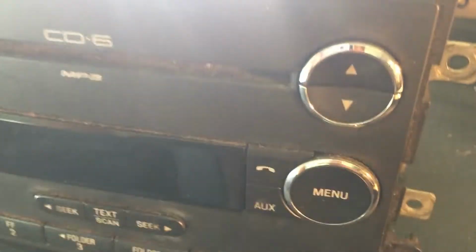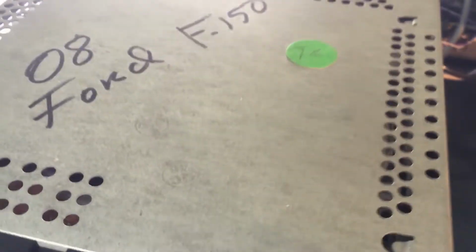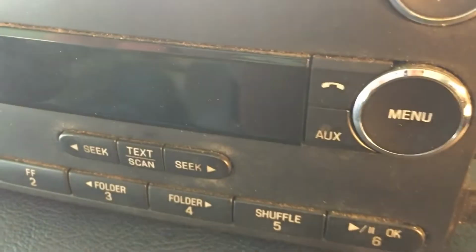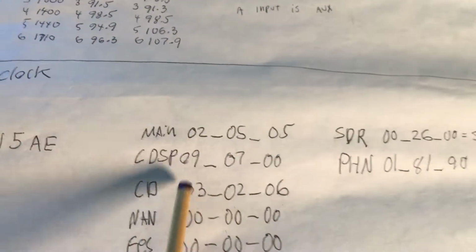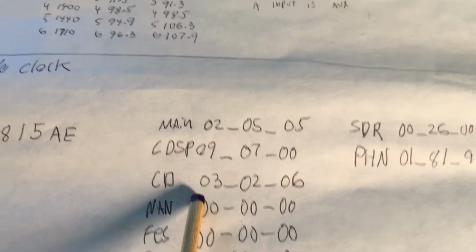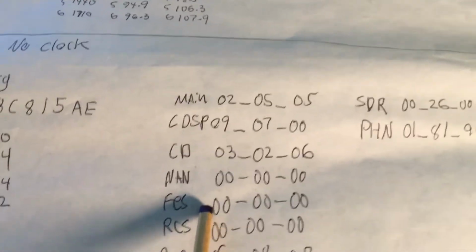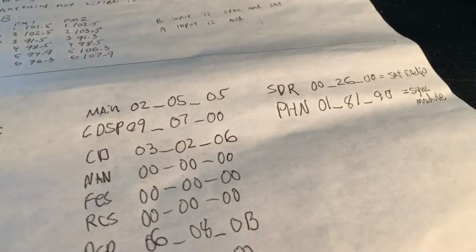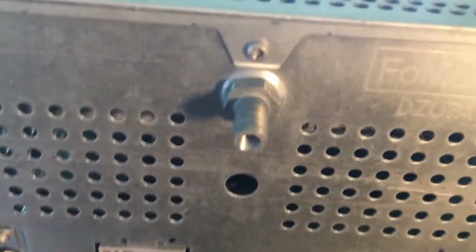This 08 F-150 someone had hit in a Mustang and brought it in for service, and I got to noticing, well, they have the same main and the same CD units, so that yielded me a good test figure to go ahead and say, I wonder if they're close enough, if the software is the same, and they were.